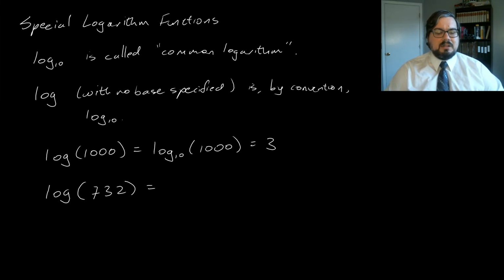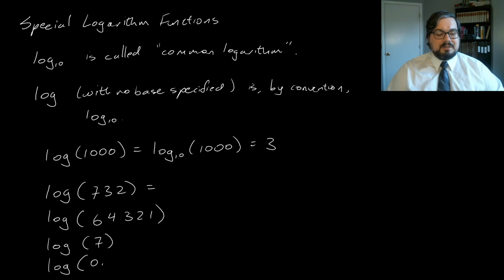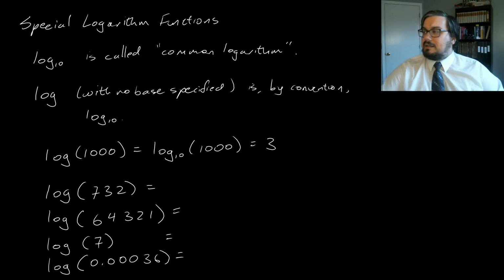Let's look at the common logarithm of 732, the common logarithm of 64,321, the common logarithm of 7, and the common logarithm of 0.00036. And let's see if we can see a pattern here that allows us to conclude anything about it.